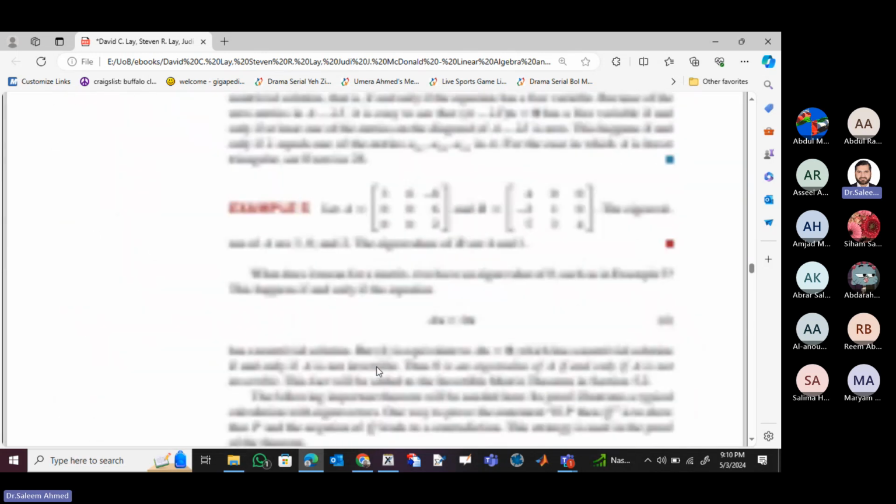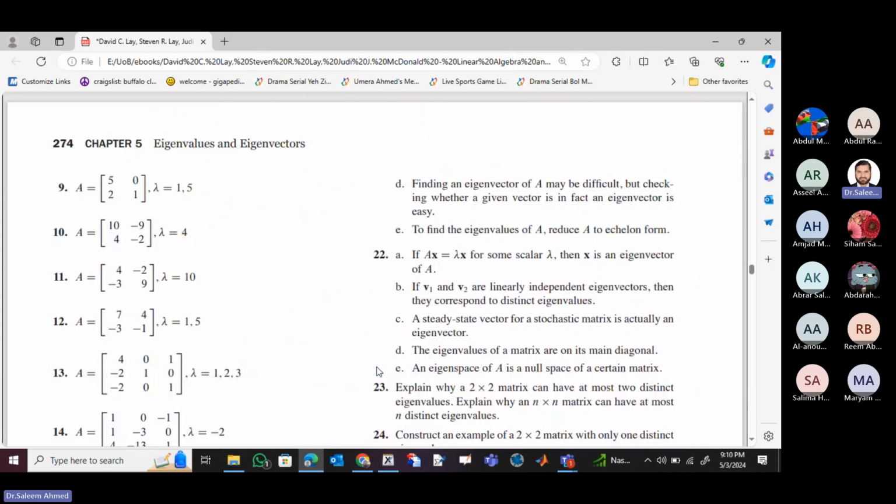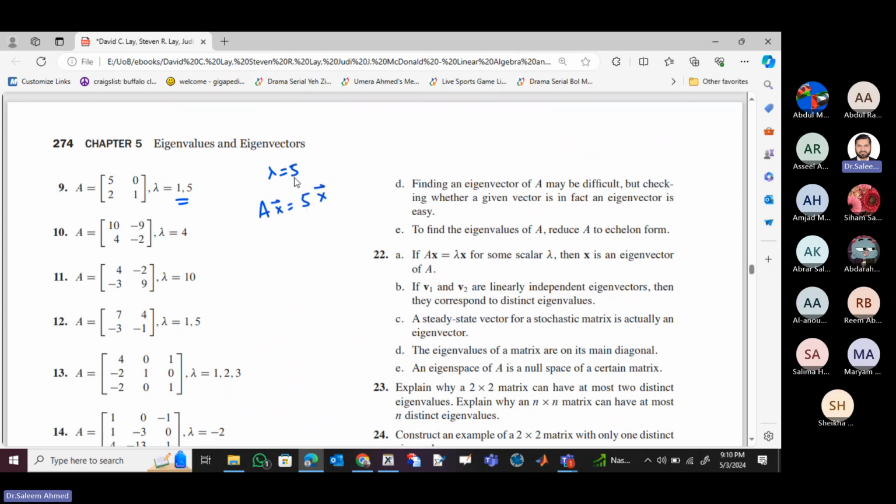You see here, they also ask that these eigenvalues are given, find the eigenvector. So if lambda equals 5 is my eigenvalue, what is the eigenvector that gives you 5x? Because lambda is given, I put lambda here and find the vector x.